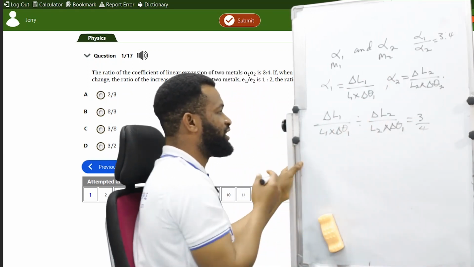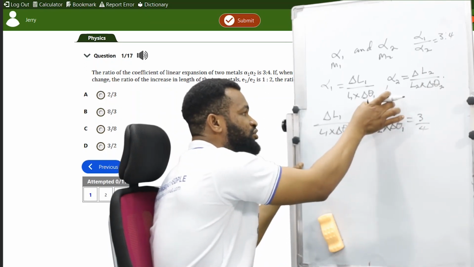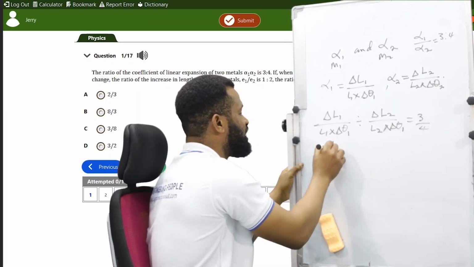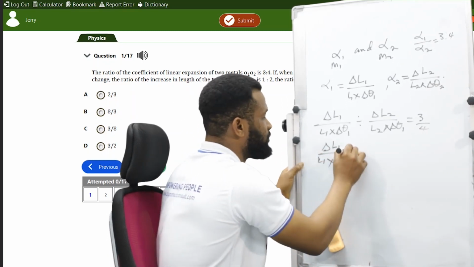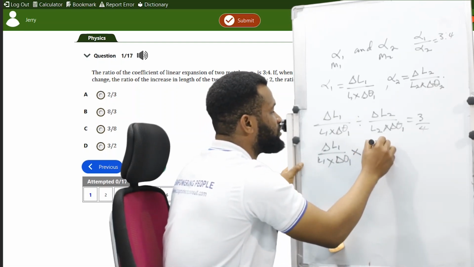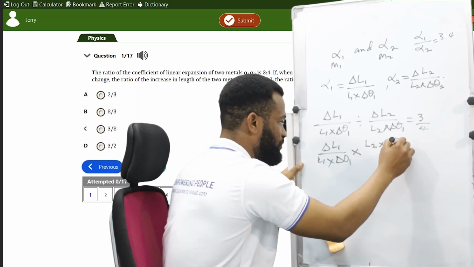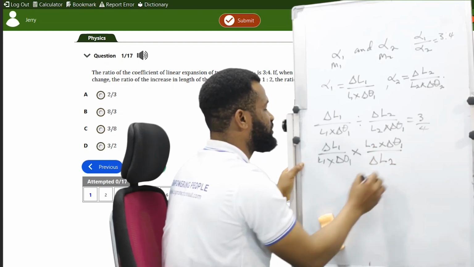So remember in mathematics, when there is division, the numerator goes up, the denominator comes down. So I have change in L1 all over L1 times change in theta 1 is going to be times, this is changing to times, so L2 times change in temperature of the first one all over change in length for the second one.